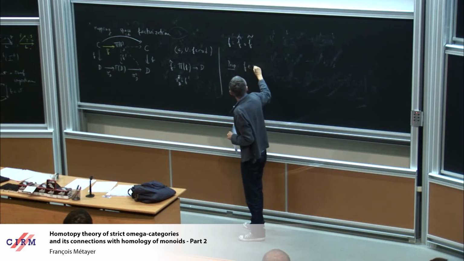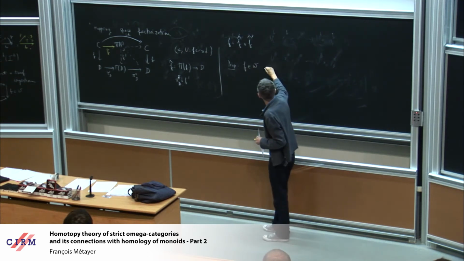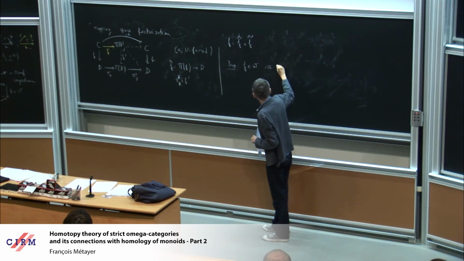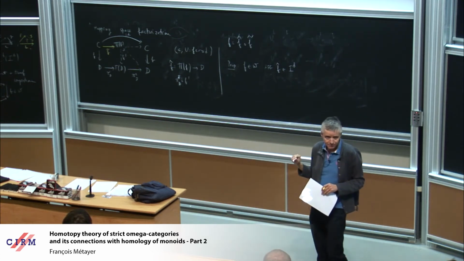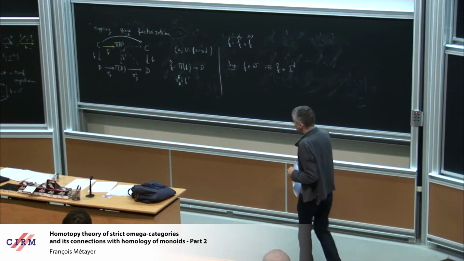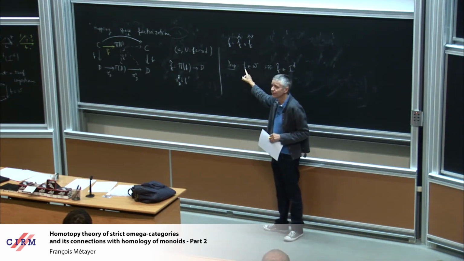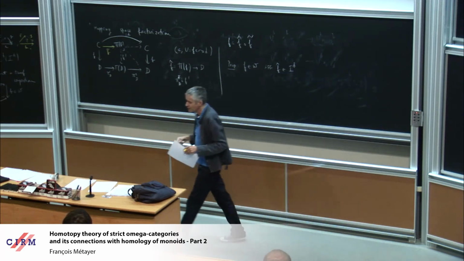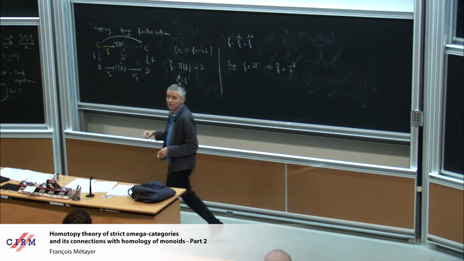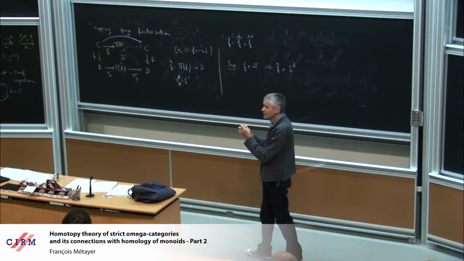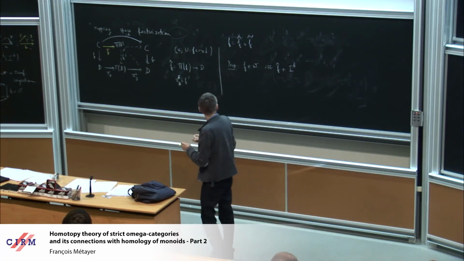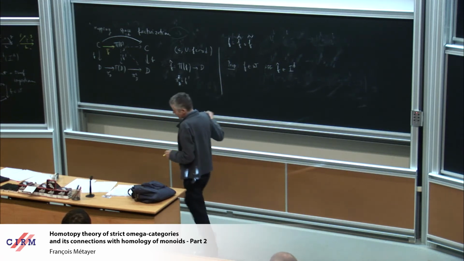F is a weak equivalence if and only if F hat is an I injective, is a trivial fibration. So this is really interesting because it's difficult to deal with weak equivalences because of these omega equivalence relations, whereas trivial fibrations have strict lifting properties, much easier.